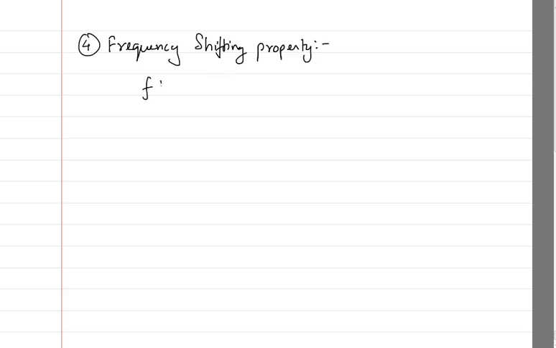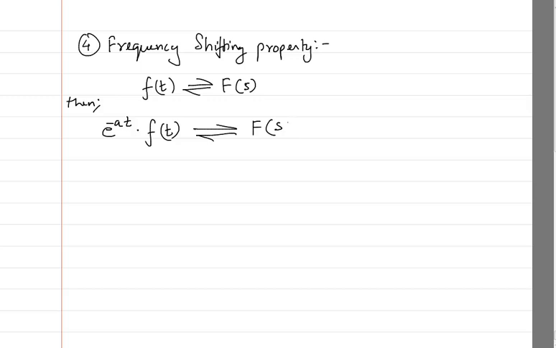It says that if you are having a function f of t whose Laplace transform is f of s, then in the reverse form, if you are having f of t multiplied with a function e raised to power minus at, then all you have to do on the right hand side is, instead of s, write it as s plus a.